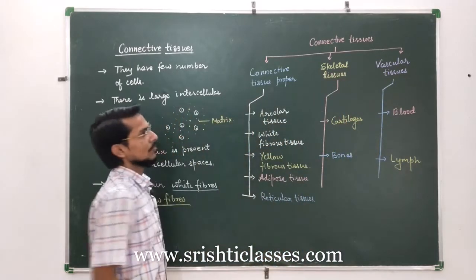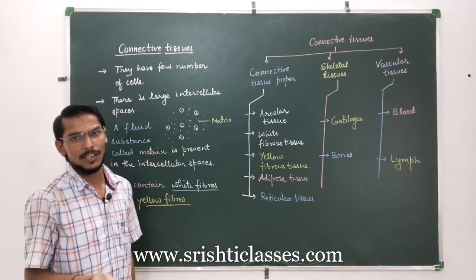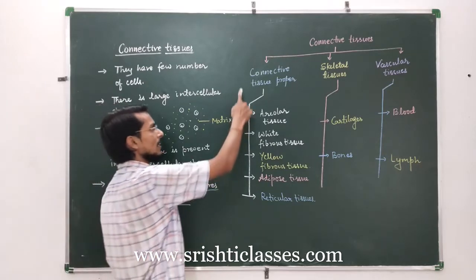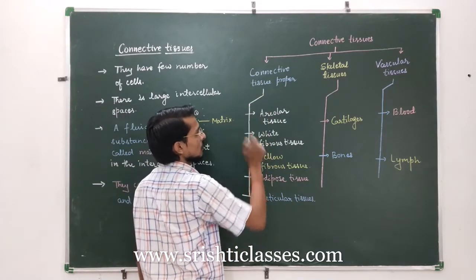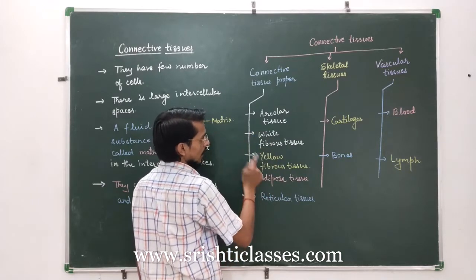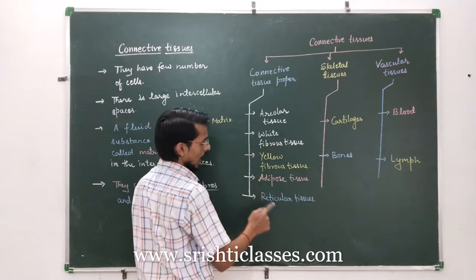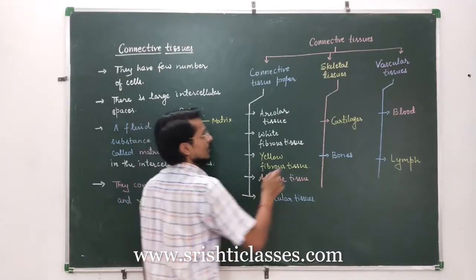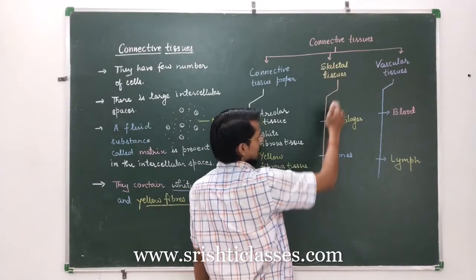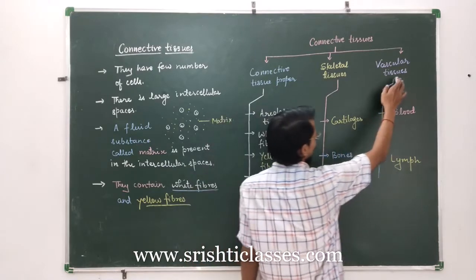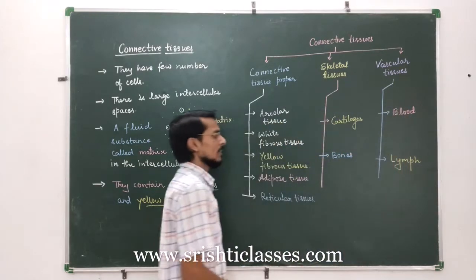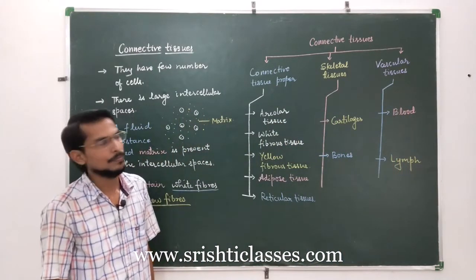Now these subdivisions are further classified into several categories. Connective tissue proper is classified into 5 categories: areolar tissue, white fibrous tissue, yellow fibrous tissue, adipose tissue and reticular tissue. Similarly, skeletal tissue is classified into 2 categories: cartilages and bones. And vascular tissue is also classified into 2 categories, that is blood and lymph.